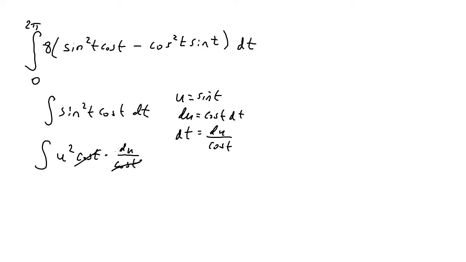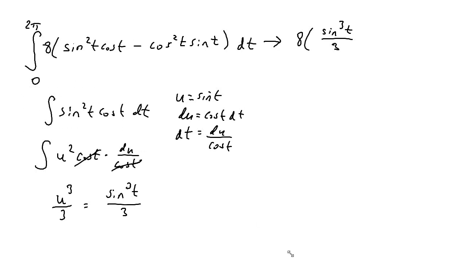The cosines will cancel. We get the integral of u squared du, which is going to be u cubed over 3. Once again, u is sine of t, so we basically have sine cubed of t over 3. So I'm going to go ahead and rewrite that the integral is going to equal 8 times sine cubed of t over 3.